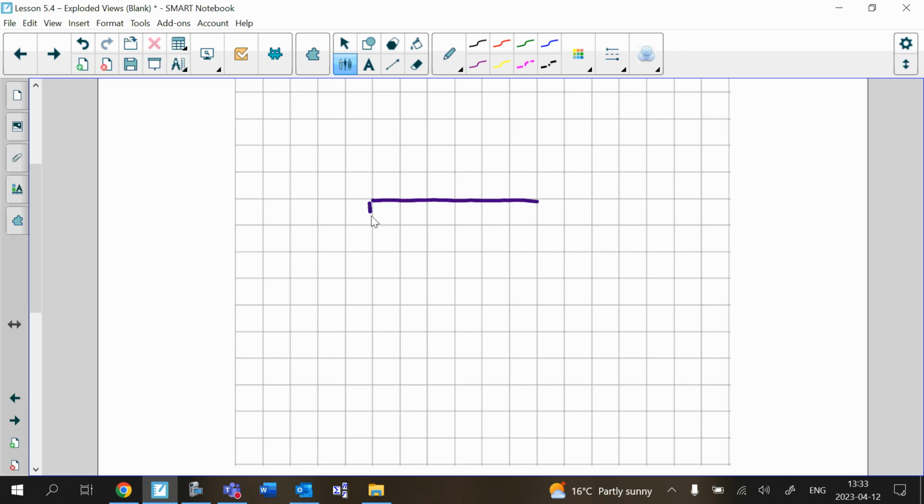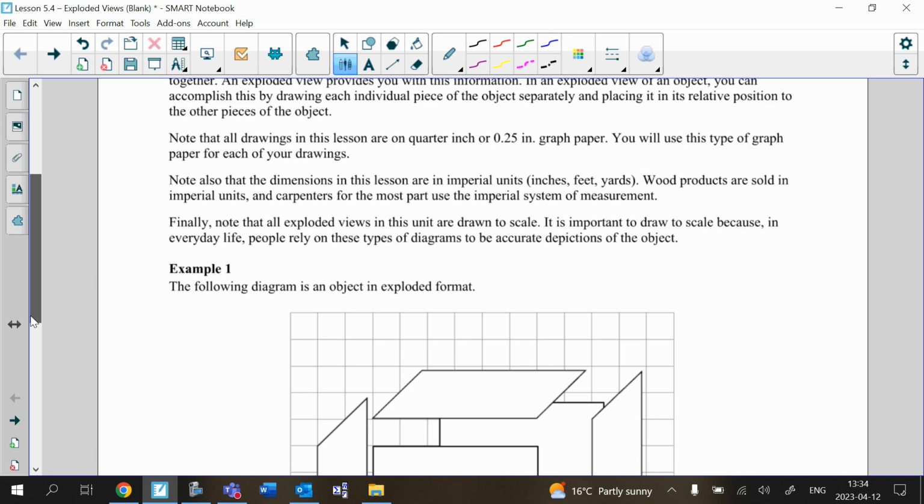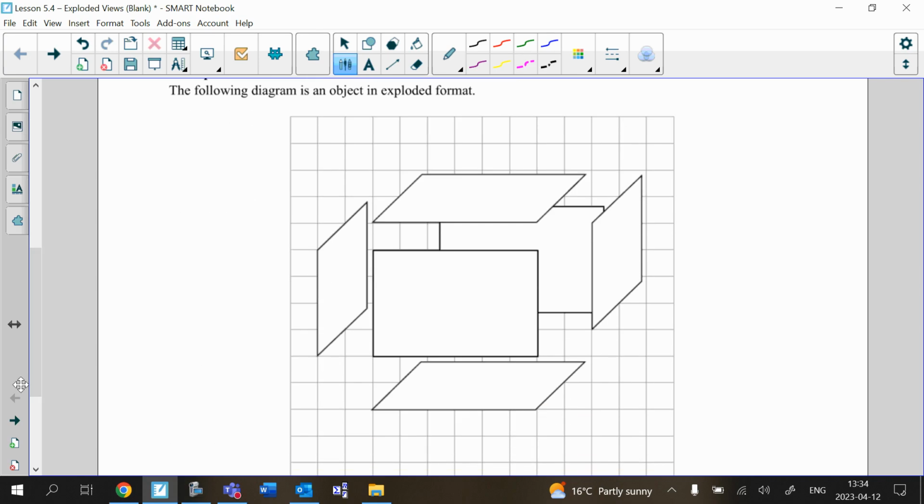Now, let's draw the top. The top on the previous page, notice again, it's 6 long, which makes sense because it has to match up with this when we put it together. How deep is it? Now, this is where we've got to be a little bit careful.